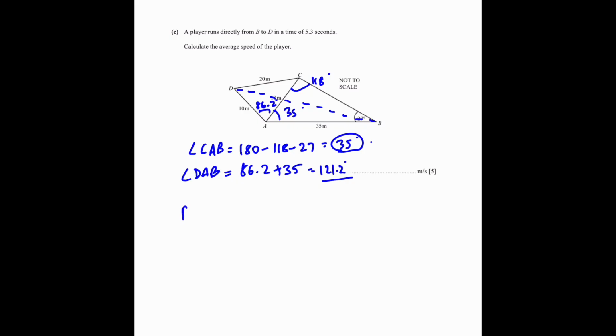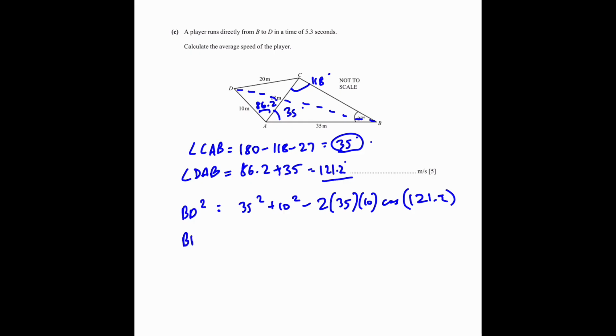So BD squared is equal to one side squared plus the other side squared, which is 35 squared plus 10 squared, minus 2 times the product of both sides, 35 and 10, times the cosine of the angle over here, which encloses between these two sides. So that angle is 121.2.